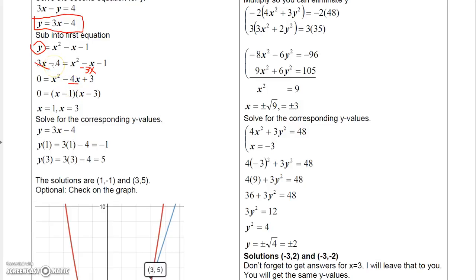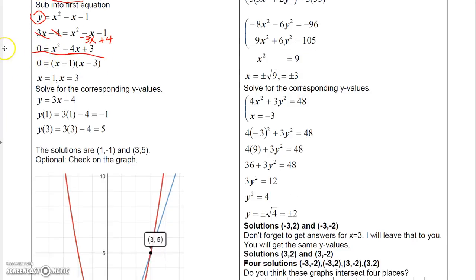And then I want to add 4 to both sides, so if I add 4 to the left, it'll cancel that, and then when I add 4 over here, minus 1 plus 4 will be 3. So now I get a quadratic equation. And fortunately I can solve this because it factors nicely into x minus 1, x minus 3. And then if you set those factors equal to 0, you'll see that the x values are 1 and 3.